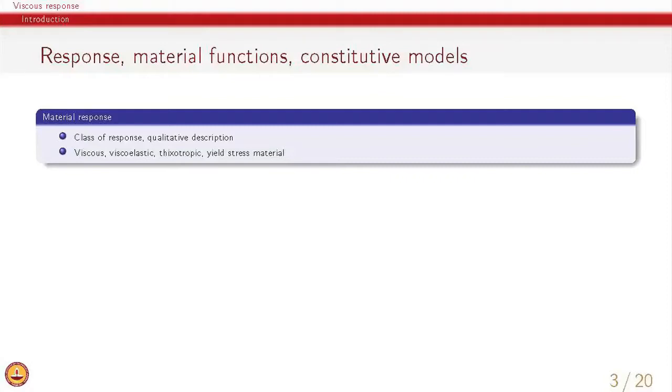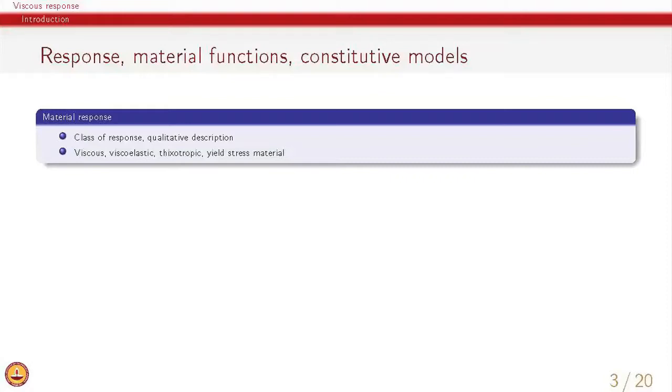This lecture we will discuss viscous, and in subsequent lectures we will discuss other classes of material response. Once we do this, it becomes easier to identify the key features of each type of response, and if a new material is being investigated, we can analyze whether it belongs to one of these classes or shows responses which can be in multiple classes.